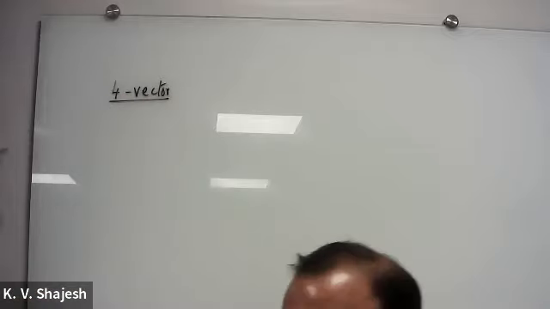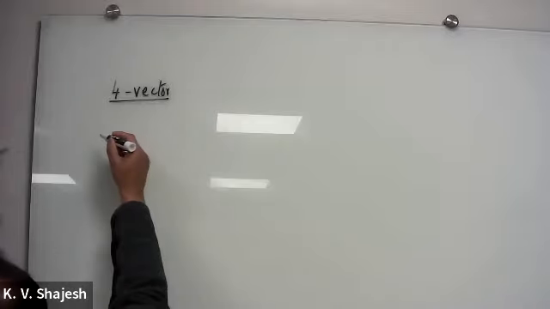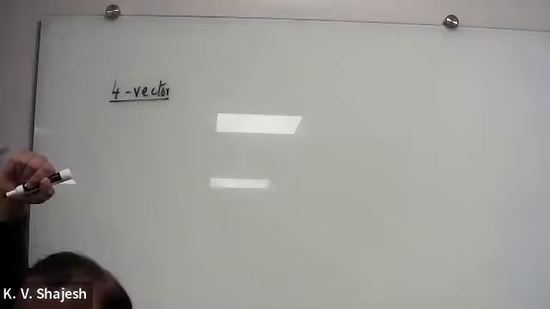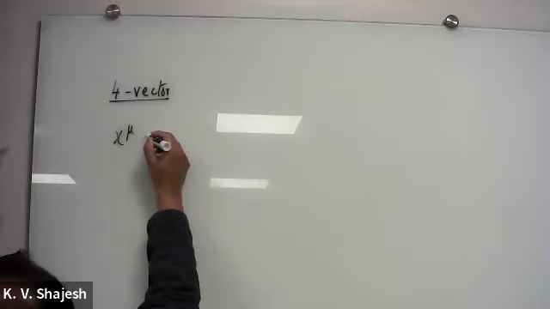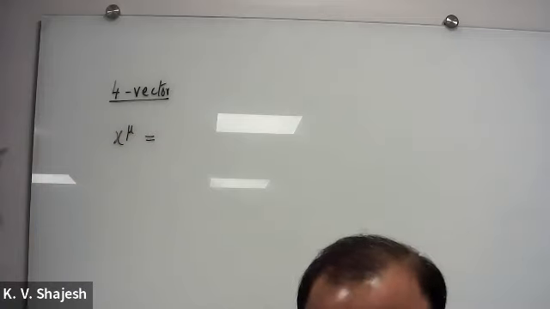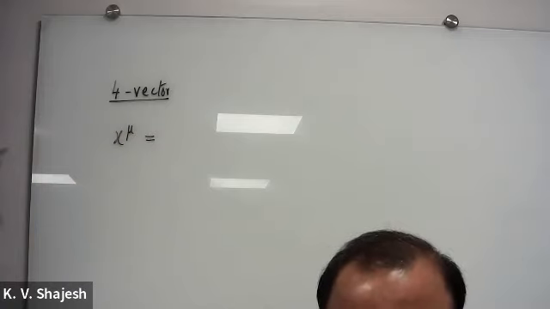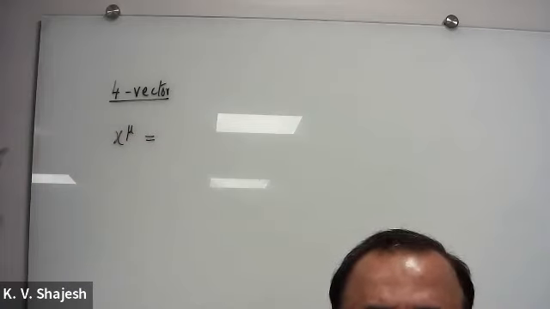So what is a 4 vector? Take the example of x mu. So let's have a notation. We write the components of a vector in 3 dimensions as xi plus yj plus zk, where ijk are unit vectors.